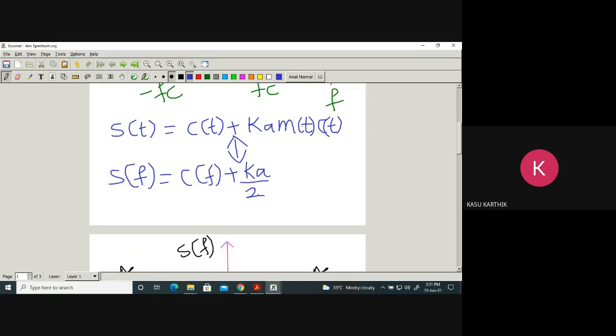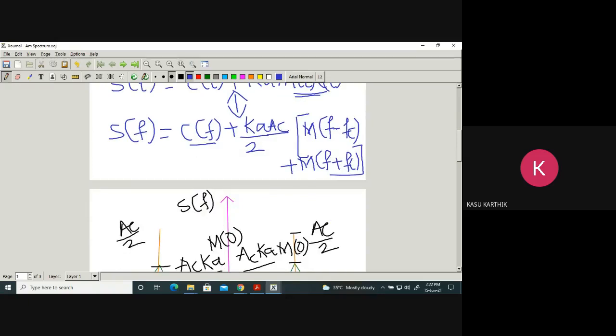Ka by 2. What is m of t into C of t? This is a property, the modulation property. So this is what happens: C of f plus AC into Ka by 2 times m of f minus fc plus m of f plus fc. Correct?